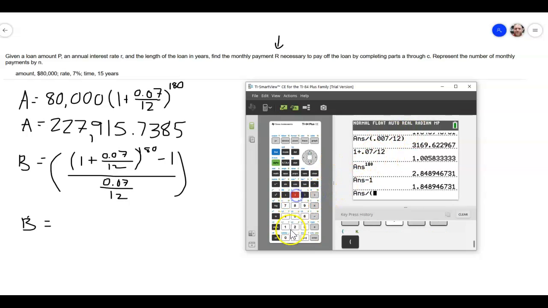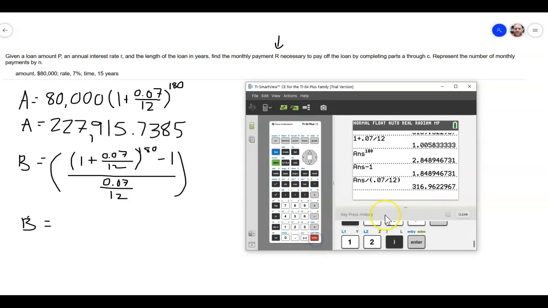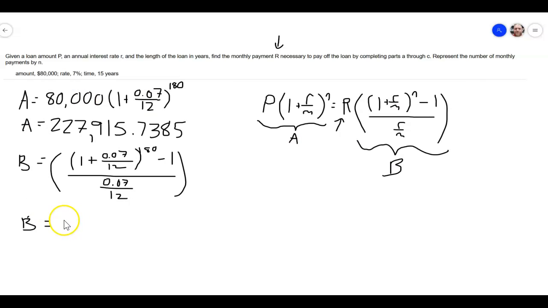Divided by 0.07 divided by 12. So B is equal to 316.96, and I'll put a couple more decimal places in there, 316.22967. So now I can just divide both sides by this B.